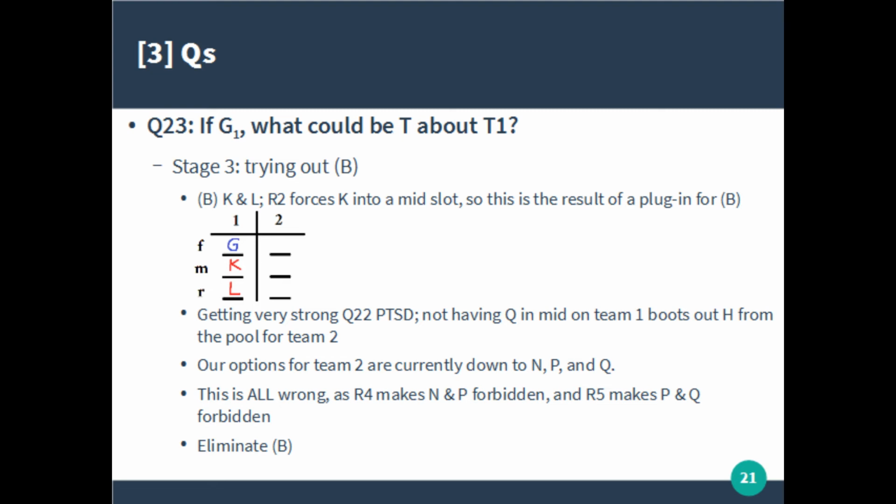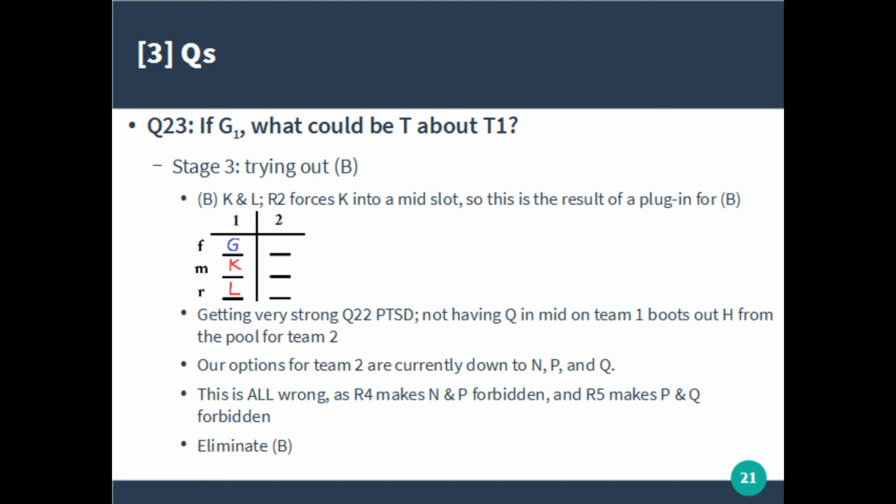So again, if we wanted to plug in both K and L into Team 1 for question 23, our picture would have to look like this: G, K, and L in Team 1. And then because of the way Team 1 looks, of the 4 remaining entities that we have, we actually get rid of one of them, H, because if we wanted to use H, we would have to have Q show up in Team 1 in a particular spot, and we can't do that anymore.